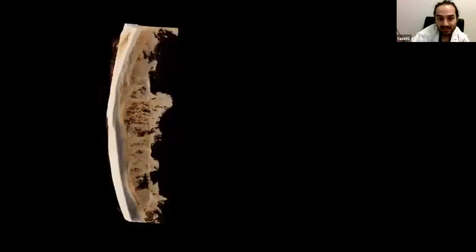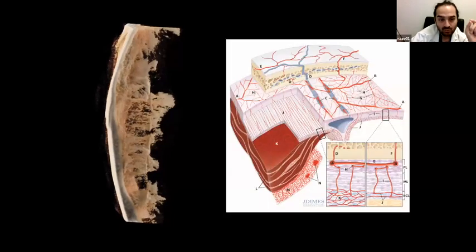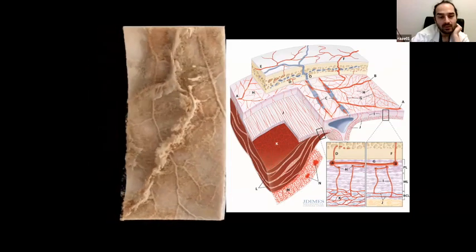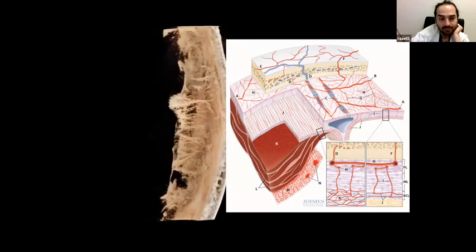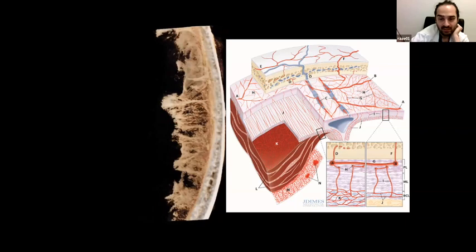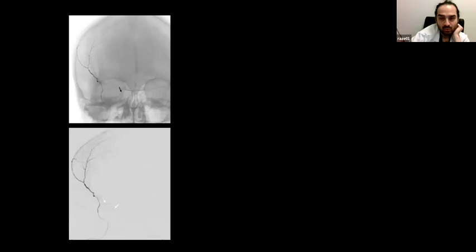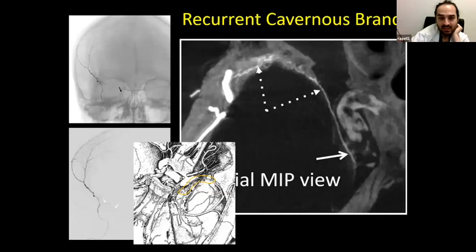This is probably the best image that we obtained. This is a cinematic rendering of a Dyna CT that showed the filling of the membranes of the subdural hematoma with the recurrent bleeding.